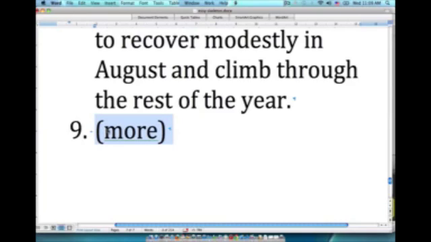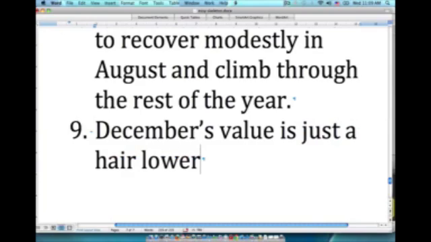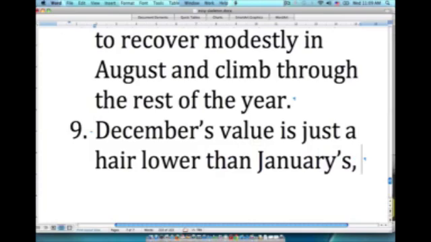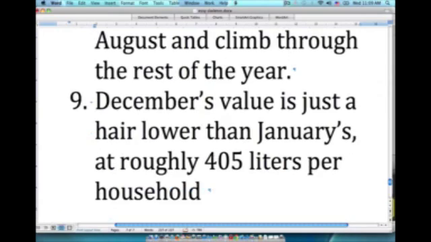So we could start this with stating December's value is, we'll say, just a hair lower than January's. And then comma at roughly, and that looks about, I don't know, it's hard to say, I'd say about 405, maybe 405 liters per household per day.